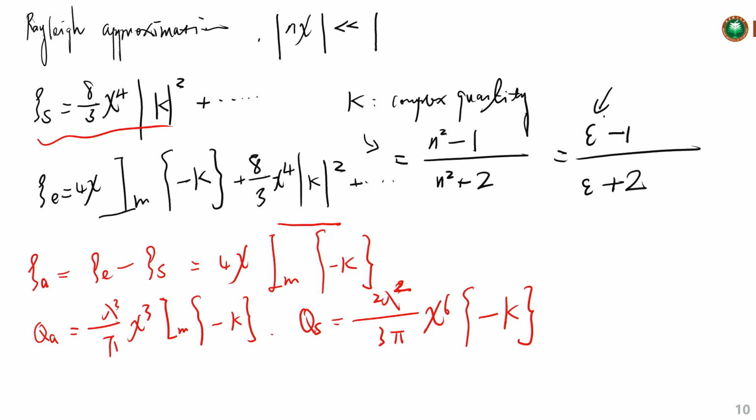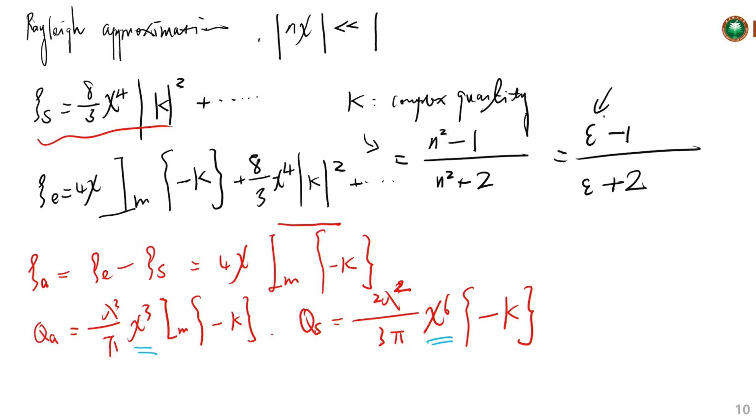Okay, and so from here, when we compare that, there is one comparison I want to introduce to you guys. We can see the absorption part is related to the cube power of chi, and the scattering to the 6th power of that.